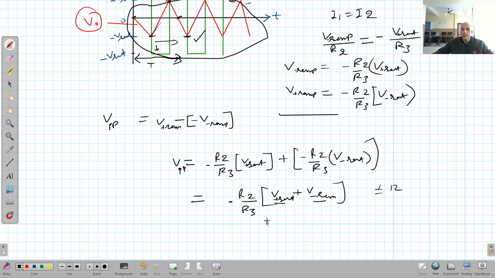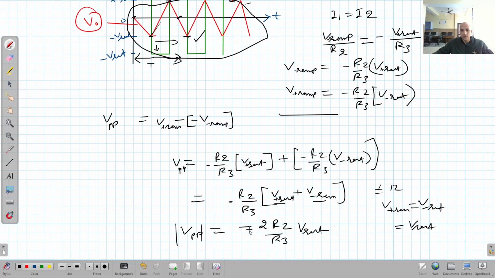So it becomes, I can say V plus saturation is equal to V minus saturation is equal to V saturation. So it becomes 2V saturation. So minus 2 R2 upon R3 V saturation. This is V peak to peak.